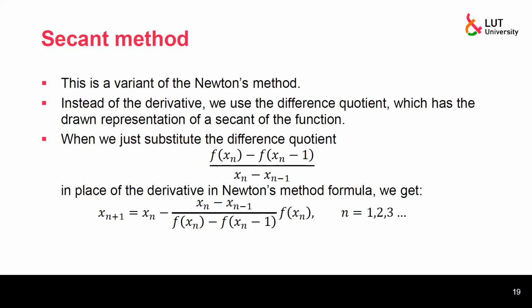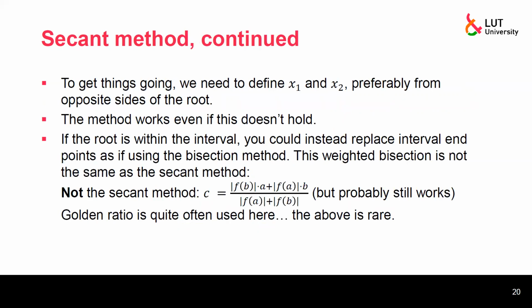So we directly put our hands up and say we're going to use the numerical derivative here, and then use the same thing. Preferably the points are on opposite sides of the root, but it's not necessary. It works fine. And do note, this is not the second method if we're doing a kind of midpoint estimation that way.